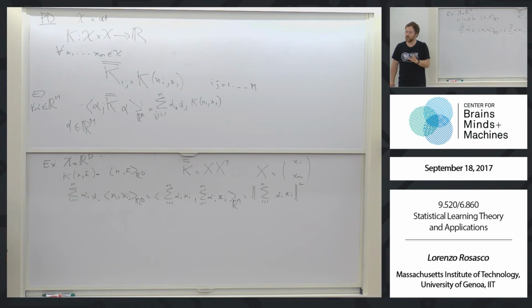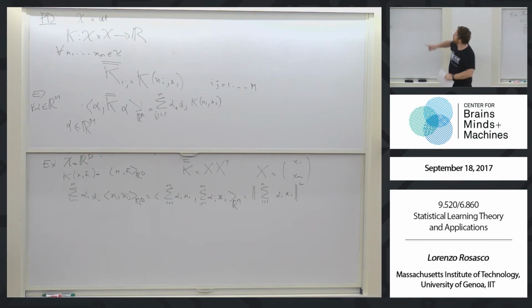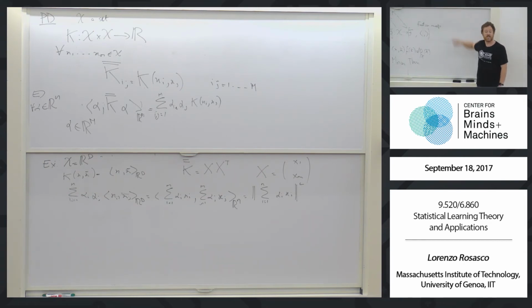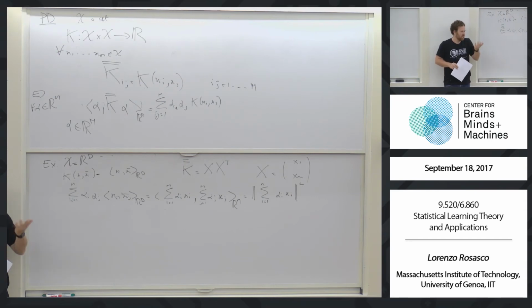In general, it's not obvious how to check whether a given function is positive definite or not. An interesting exercise is to check the example we discussed a minute ago, all the translation invariant kernels: if you start from the translation invariant kernel, prove that it's a positive definite function. And again, this comes from an idea in the continuous setting.